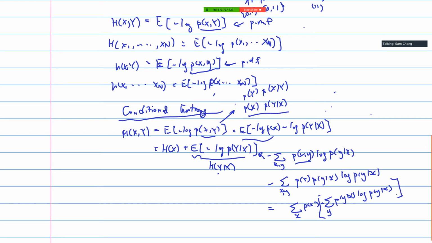So if you look at this here, this is really the entropy of H(y given small x). You can think of x as a parameter here, right? The parameter adjusts the distribution of y. So for different values of the parameter x, you have a distribution of y. But y itself is still a distribution.